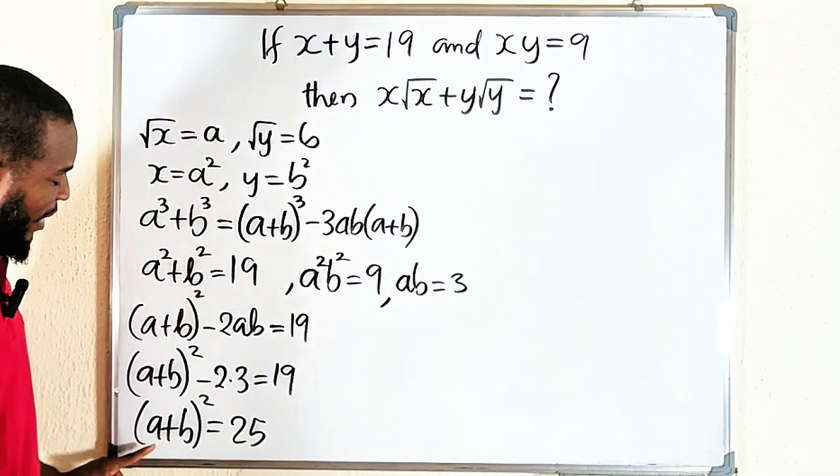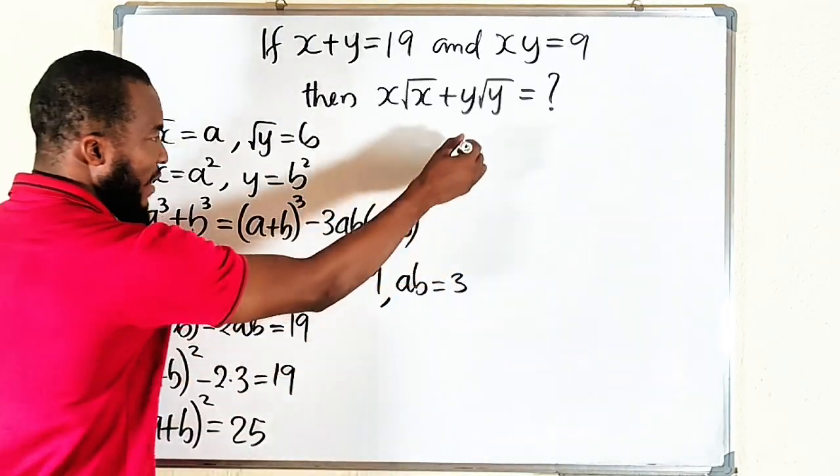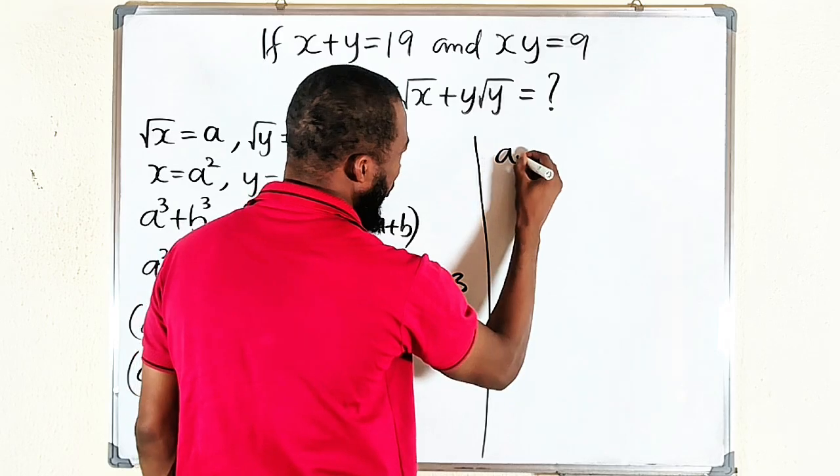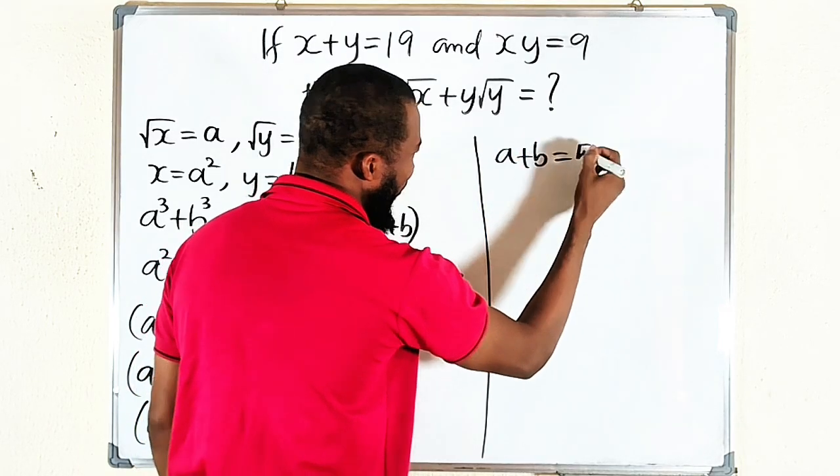If you take the square root of both sides, a plus b will be 5, definitely, which implies that a plus b is equal to 5.